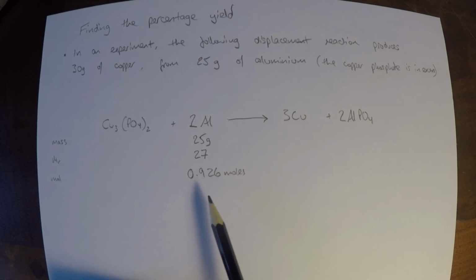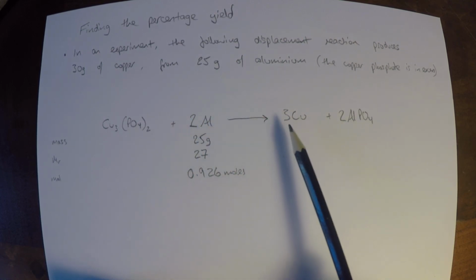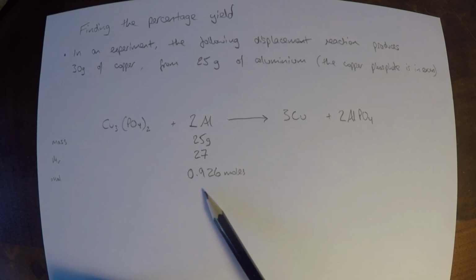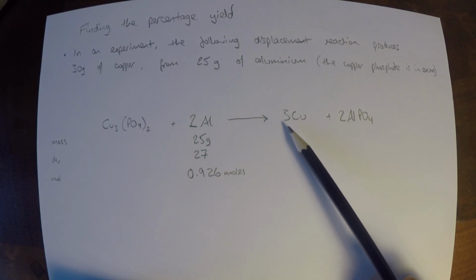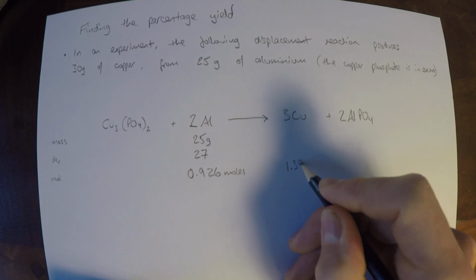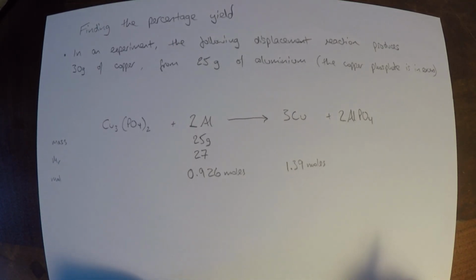We don't quite have 1 mole, so we need to take our moles of aluminium and apply this 2 to 3 ratio. The easiest way to do this is to divide the 0.926 by 2 and then multiply it by the coefficient that we're interested in, so by 3, and that will give us 1.39 moles of copper being produced.